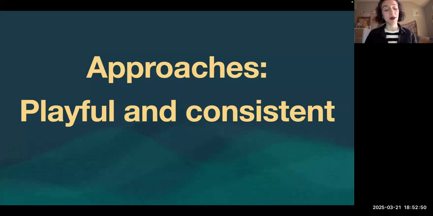And consistent, because if the teacher is not consistent, students might lose interest, might get distracted, might not understand the coherence, and might not understand the steps, and you're going to lose them. So make it playful and make it consistent.